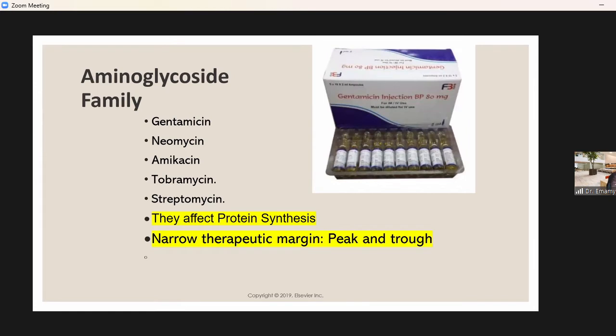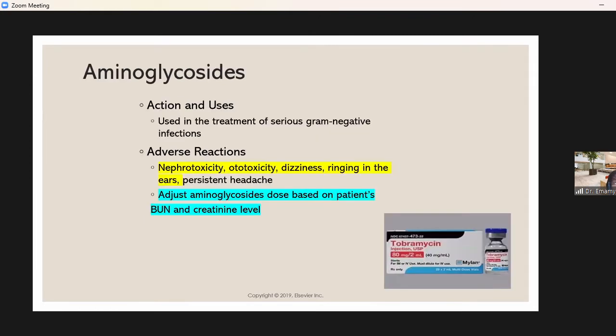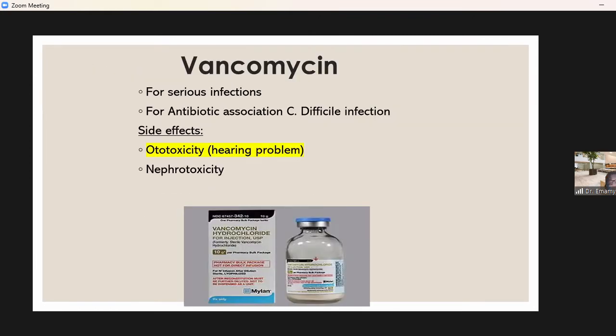Aminoglycosides have the same adverse effects as vancomycin, nephrotoxicity and ototoxicity. A lot of the time we give a combination of aminoglycosides and vancomycin. Most of the time, if you check the antibiotic regimen for a patient in the ICU, you will see vancomycin plus gentamicin plus ceftriaxone.